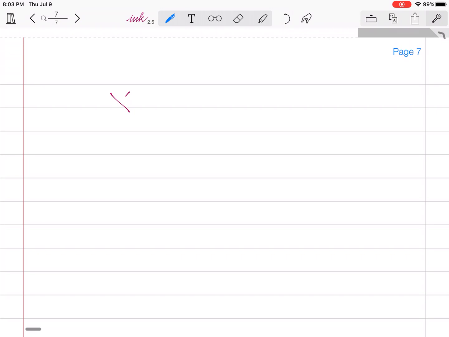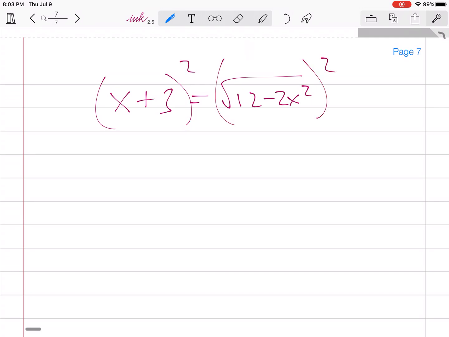Okay, so we've got x plus 3 equal root 12 minus 2x squared. And we'll square both sides here. So that gives us x plus 3 squared, which is x plus 3 and x plus 3. And then here we've got 12 minus 2x squared.